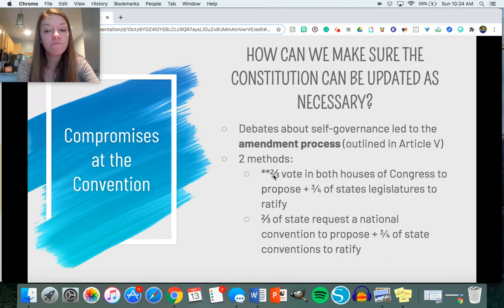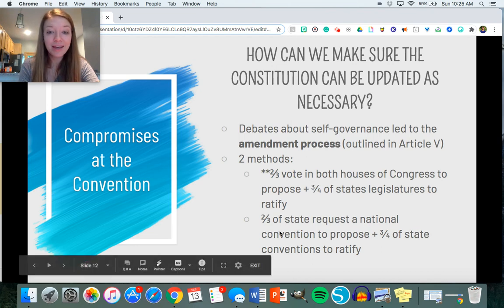Then 3/4 of state legislatures have to ratify or approve that proposed amendment. So you have the national government being the one to propose, but the states are checking that power by being the ones to approve it or ratify it.